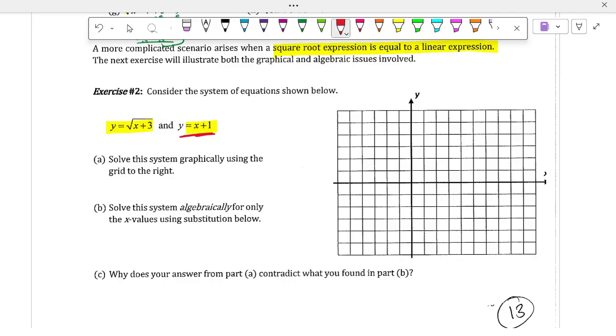The y-intercept, which is 1. And then you just go up 1 over 1. And just go for a couple of points or until you run out of graph because you want this to be as accurate as possible.